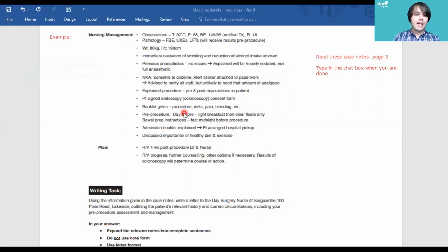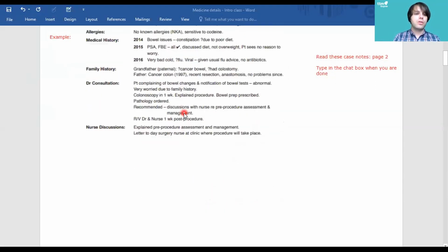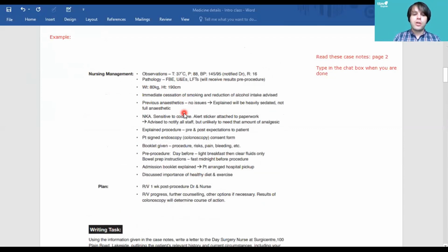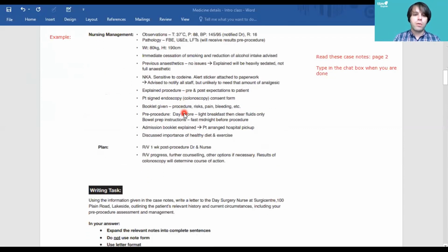So let's get started then. In these case notes, what's the situation? Han, if you just give us an overview of what the situation is here. The situation is Adam White, he has a problem with his bowel, and recently he noticed some pattern changes, so he wants to have a cancer screen.